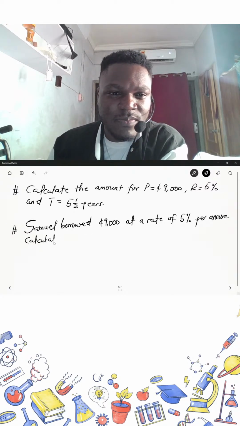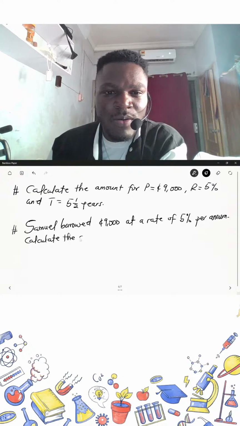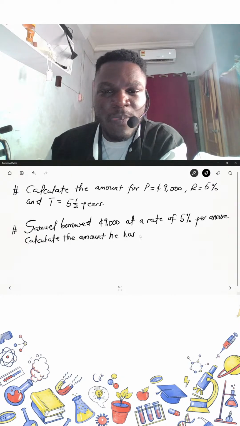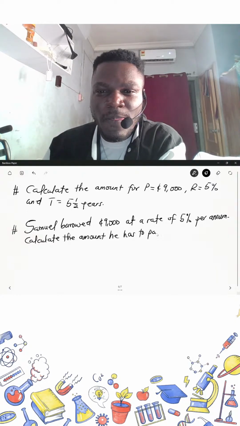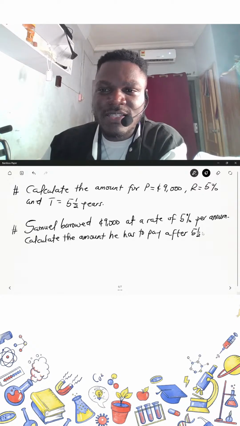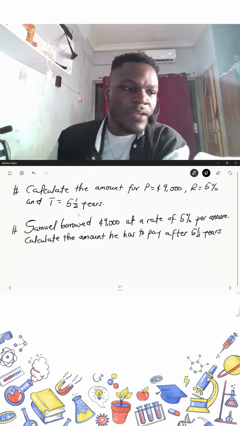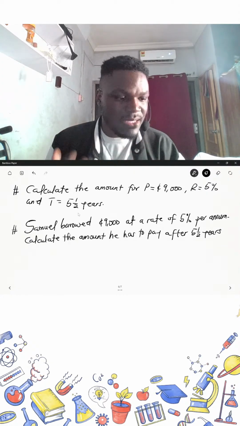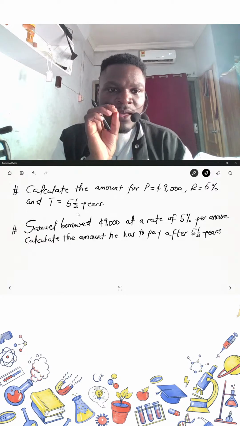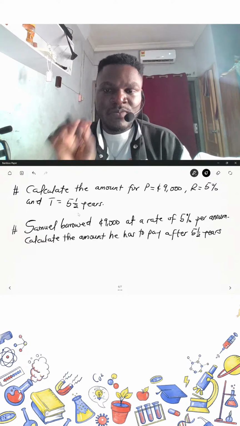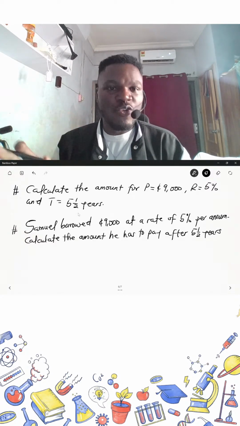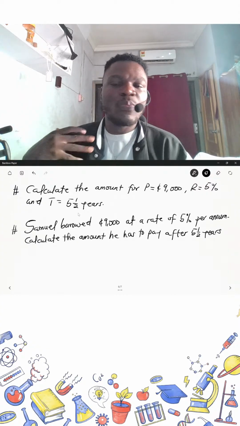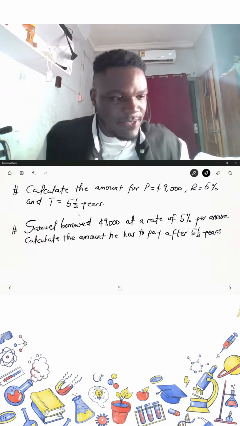Calculate the amount he has to pay after 5.5 years. So it's the same question, but I've now rewritten it in sentence form that will make sense to you. So Abdullah, Samuel borrowed 9,000 cedis at a rate of 5% per annum. You have to calculate the amount he has to pay after 5.5 years.